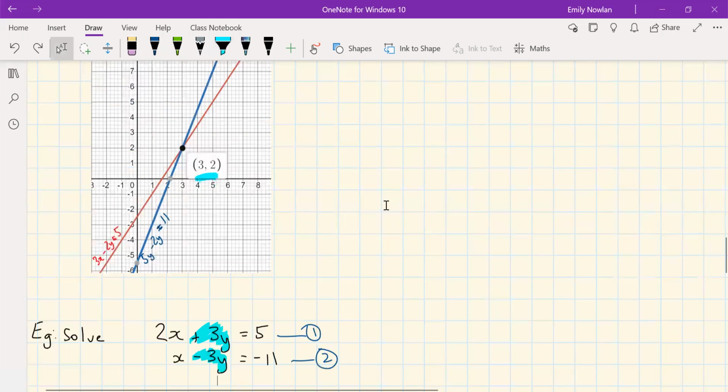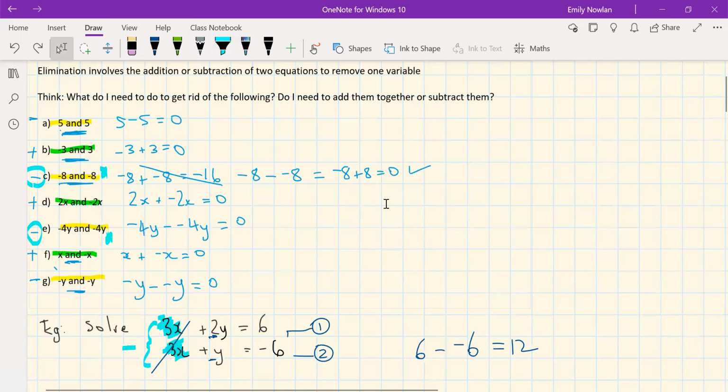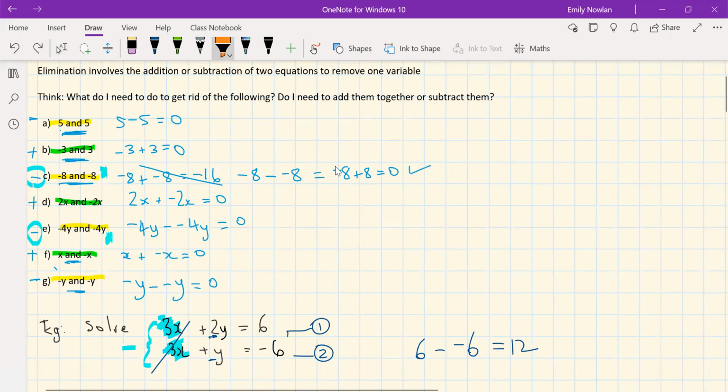Well, what do we do to begin with? Back at the beginning, if the signs were different, like this one here, a 2x and a minus 2x, a y and a minus y, the signs are different, we ended up adding them together.